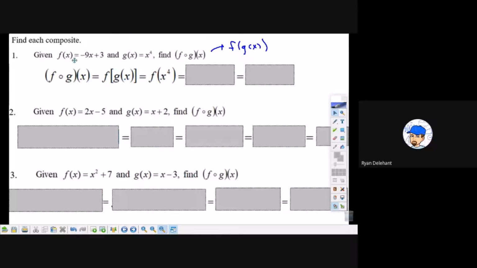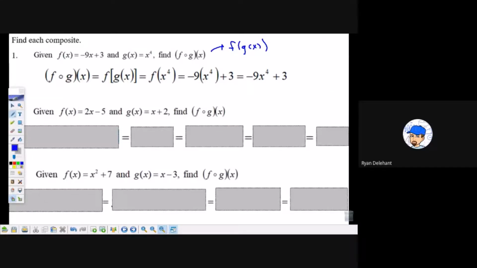So that means that in my f function, this x really isn't x anymore, it's x to the fourth. So I substitute that in for every part of that. And then I simplify anything that would need to be simplified. The 9 isn't going to get taken to the fourth because there were no parentheses around that or anything. So that means that my new function is this.